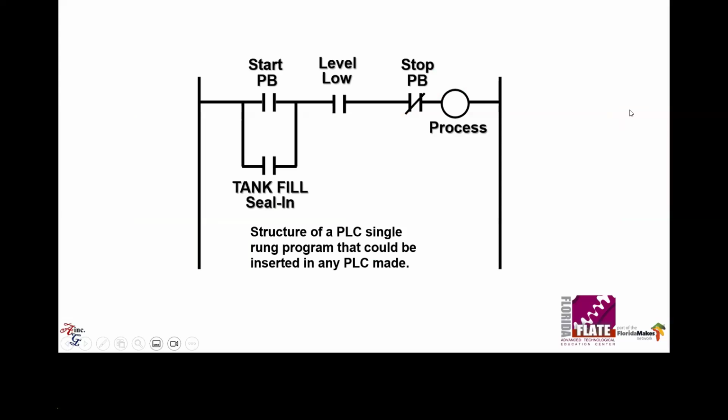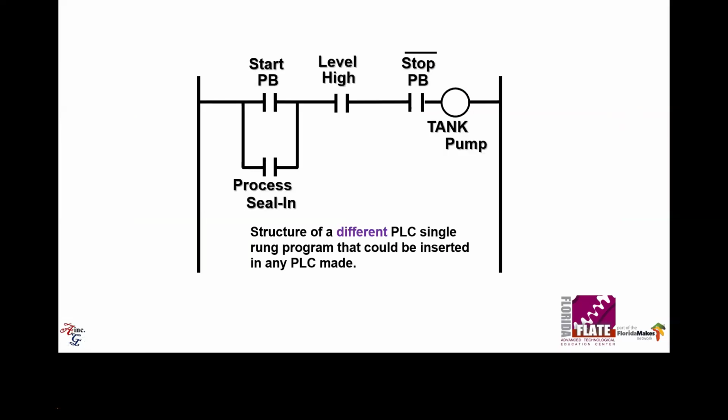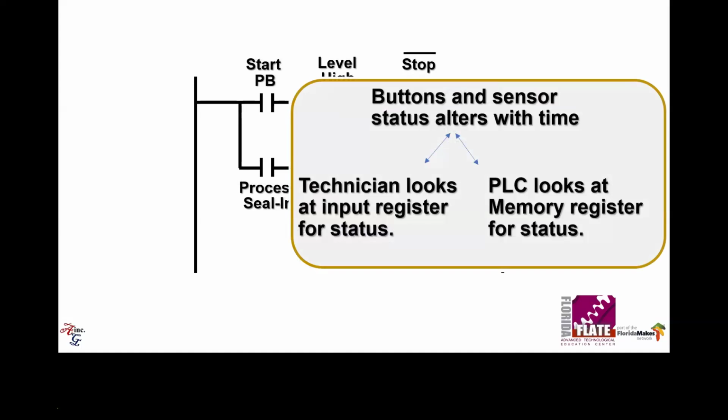Here's an example of a PLC single rung program. Here's a different example. The message is different. Well, actually, the message is the same, but the way it's done is different. Right? What's going on is that there are buttons and sensors that change as time goes on.